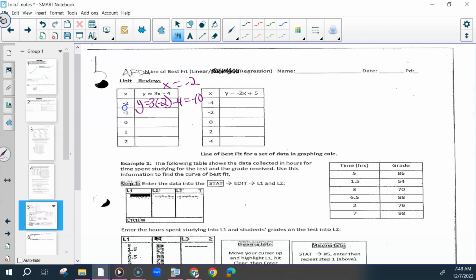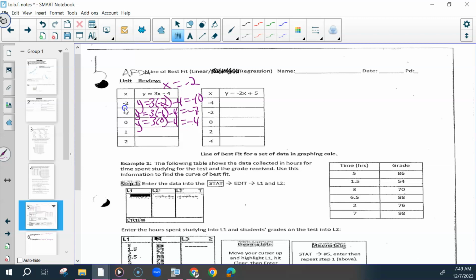Negative 7. Then you would do the same thing for negative 1, which would give us negative 7. And then same thing for 0. So I put 0 in. Negative 4. Do we see a pattern?